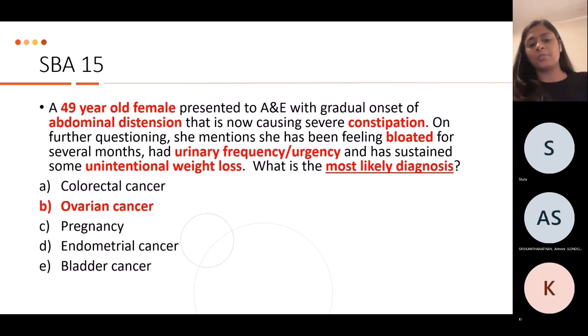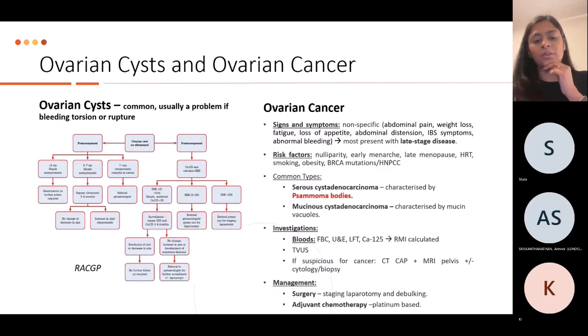She's got abdominal distension, probably in keeping with ascites, and it's probably compressing the bowel. In an exam, colorectal cancer might be your most likely diagnosis, but I really wanted to allude to ovarian cancer. We had an ovarian cyst in one of the previous questions, which is why I included a little bit about ovarian cysts.